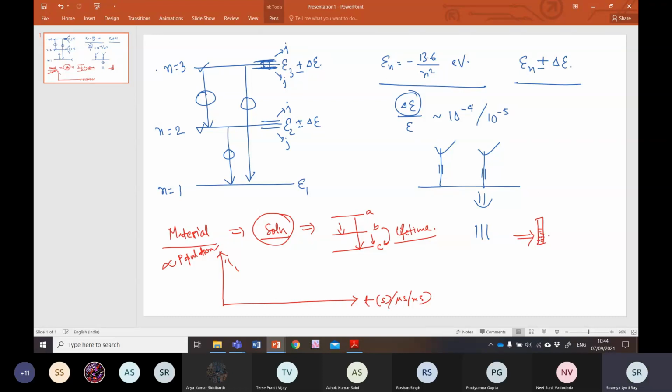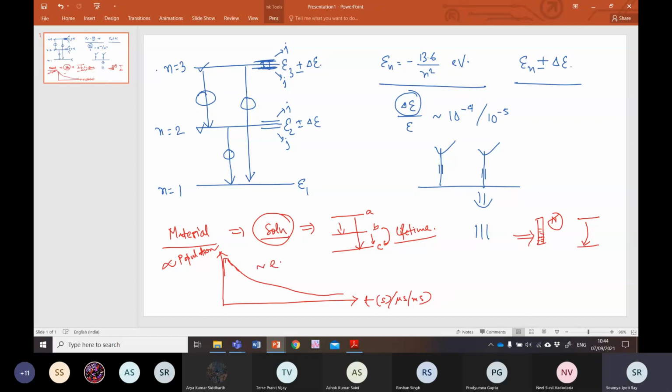So if there are n number of molecules or atoms, some of them will go to the higher excited state, most of them actually, and they will try to come back. And then I want to know what is the lifetime that is associated with it. If I want to check the population in such a case, then usually I will get this kind of graph. Typically I will get a very sharp peak, and then I will see a decay.